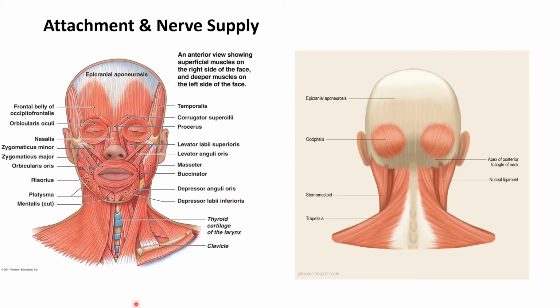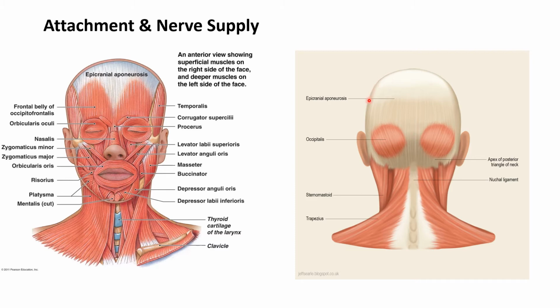Another important thing to remember about these muscles is that the frontal bellies, look at the frontal bellies. The two bellies lie side by side to each other. They are in close contact with each other with very little aponeurosis in between them. But look at the occipital bellies. The Galea aponeurotica or the epicranial aponeurosis comes and gets attached to the external occipital protuberance as well as to the superior nuchal lines posteriorly.